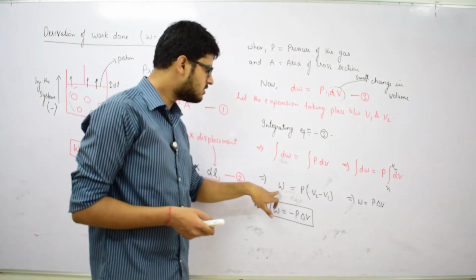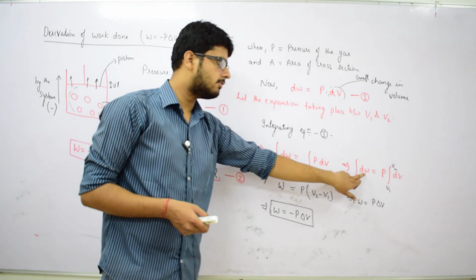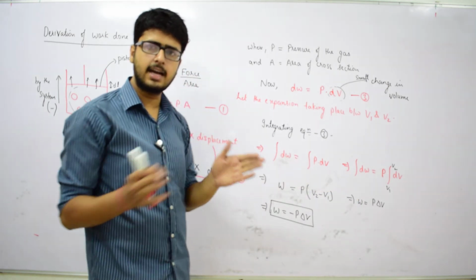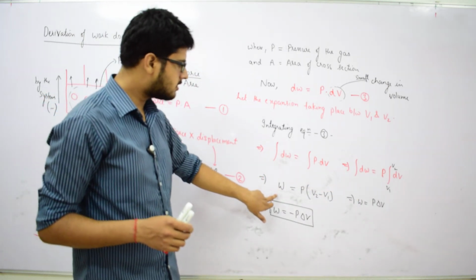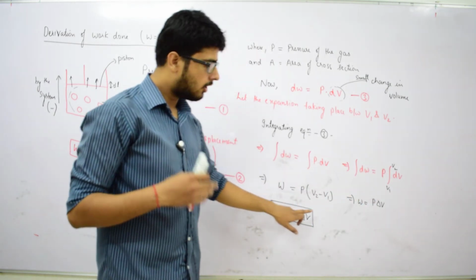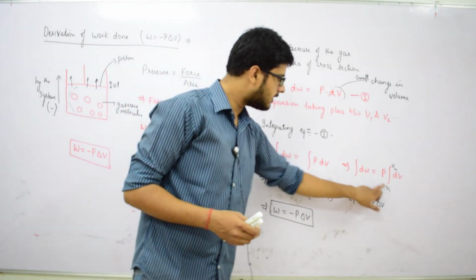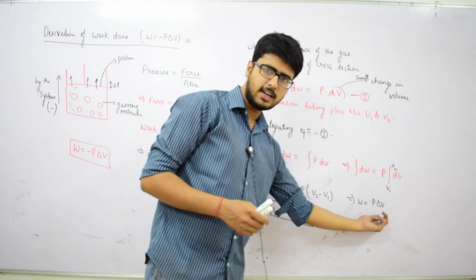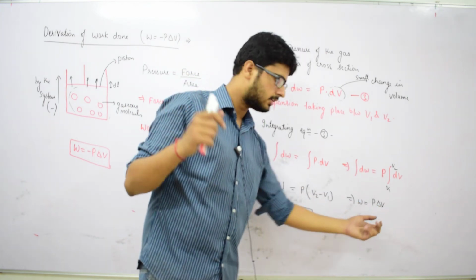This integration of dW will give us the entire work done, so work done is equal to P times V2 minus V1, and V2 minus V1 can be written as delta V, the change in volume.